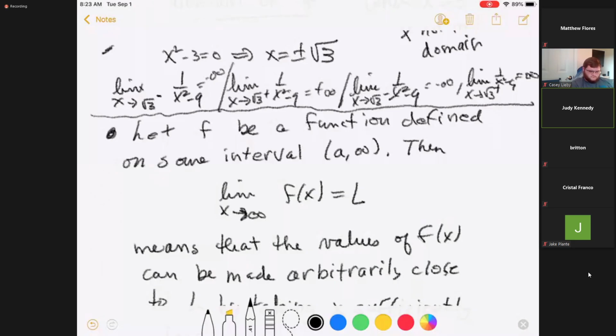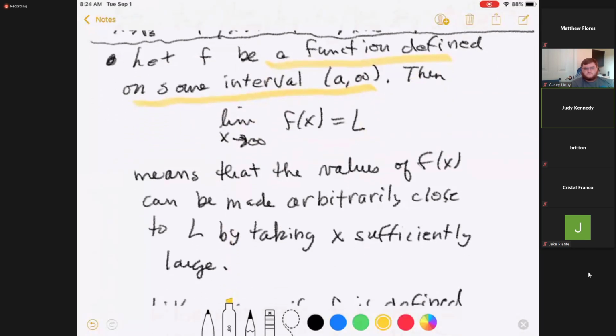Well, first of all, for that to make any sense, your function must be defined on an infinite interval. Must be defined for some number a, and then for all numbers greater than a. Then you can say the limit as x approaches infinity of f of x is L.